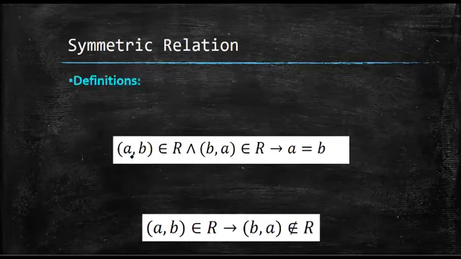Antisymmetric is if A comma B belongs to R and also B comma A belongs to R, then A should be equal to B. We will see this with an example in the next slide.